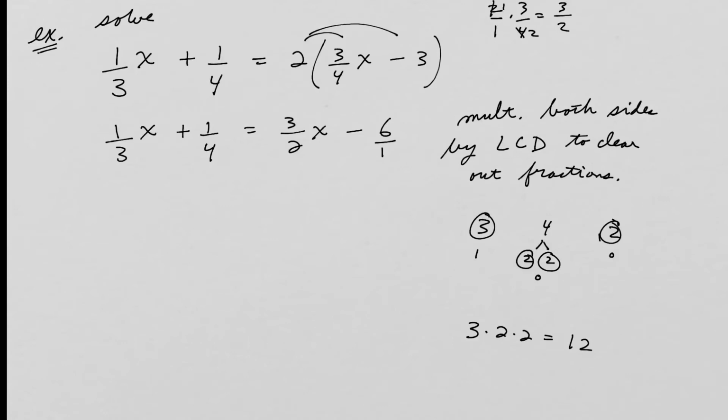So actually, let me go to a new page to do this. Right now I have 1/3 x plus 1/4 equals 3 halves x minus 6. So I want to multiply both sides by 12.